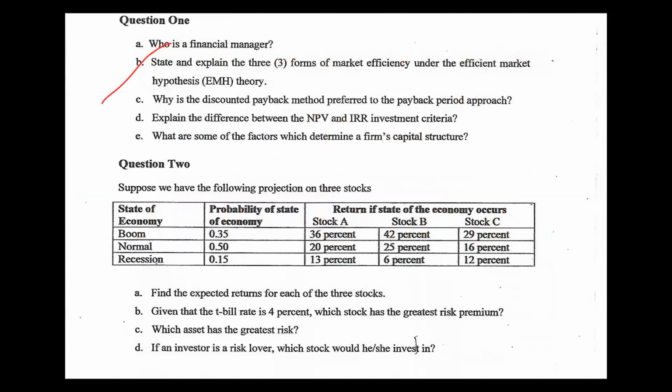State and explain the 3 forms of market efficiency under the efficient market hypothesis theory. Okay, it might sound new, but I'll make it clear so that you understand what it is. So what happens is that we have got what we call the efficient market.